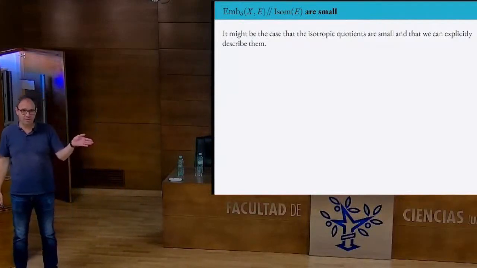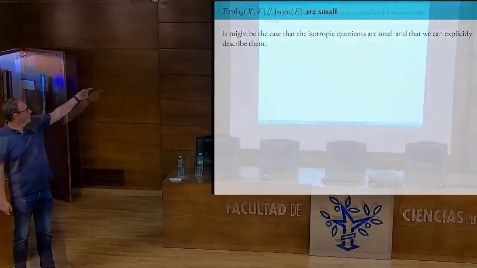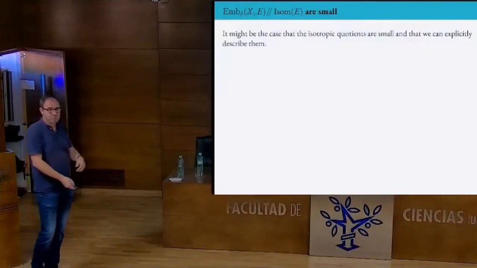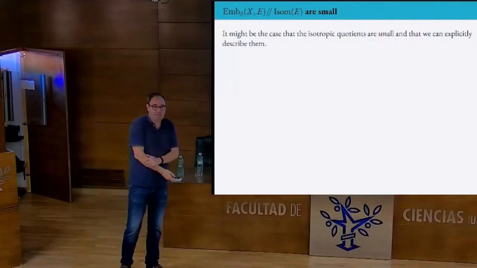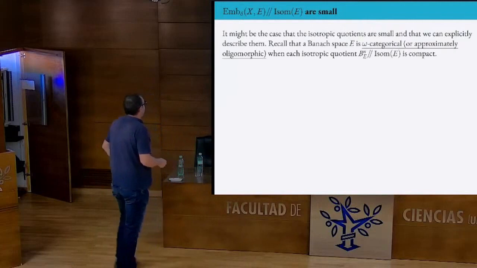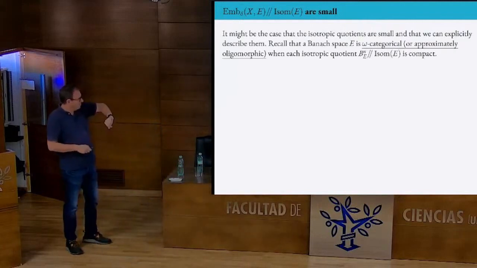We are not so pretentious as to move one isometric embedding to another isometric embedding, but maybe we want, so this is not necessarily a point if you forget delta here, but can we say that this is compact? Can we understand what is this compact set? Okay, and this is the move I told you about before.